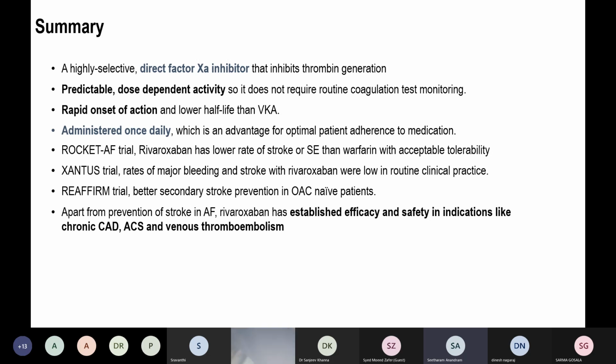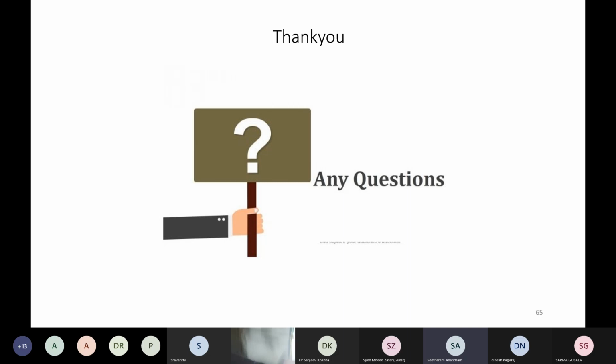It has been proven in various trials to have a better efficacy and safety profile, or at least to be non-inferior to warfarin. It is used in various indications like coronary artery disease, acute coronary syndrome, and venous thromboembolism, both for treatment and prevention.